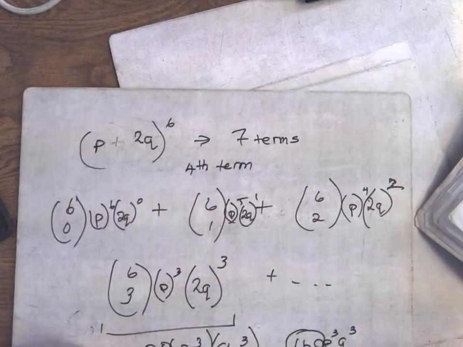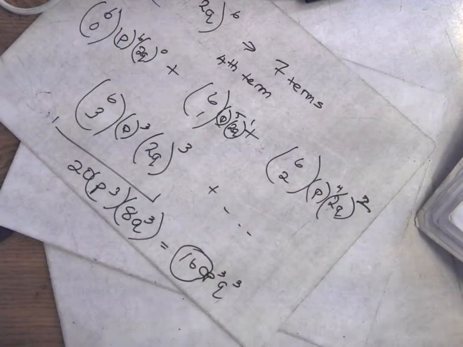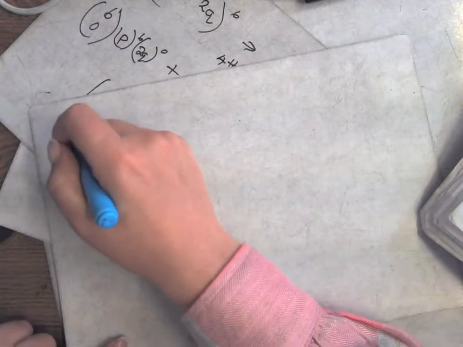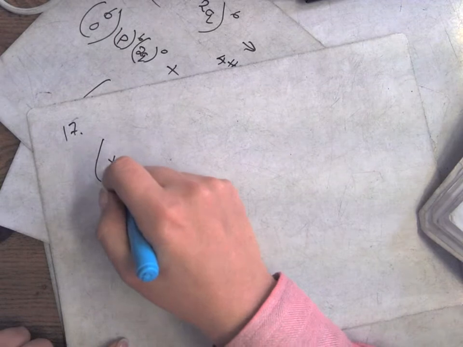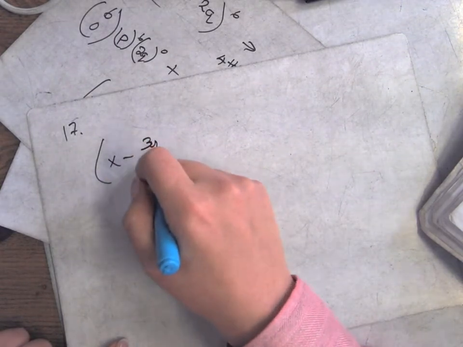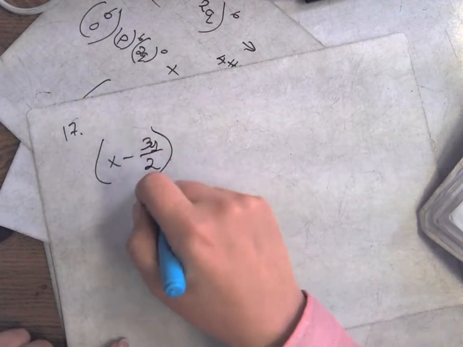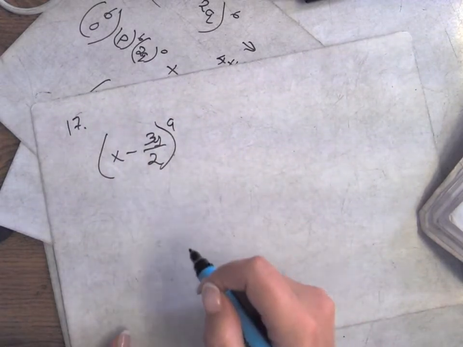Right, and the last one was 17. Does anyone need me to do 17? Yeah, okay, so 17 is x minus 3y over 2 all to the power of 9, and they want the 4th term.